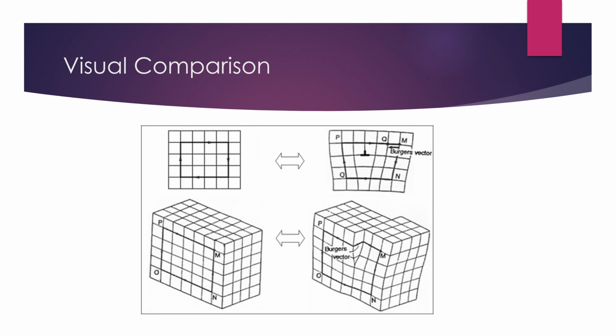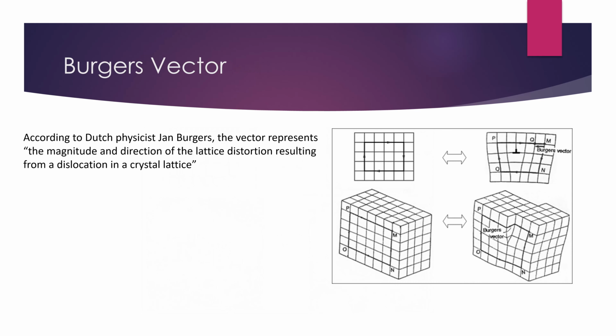Here's a visual comparison, and we can see how the Burgers vector is present in the edge dislocation as well as the screw dislocation right here. Burgers vectors are more common in the edge dislocation, so we'll focus on that for today's lesson because that's most likely what's going to show up on the exam.